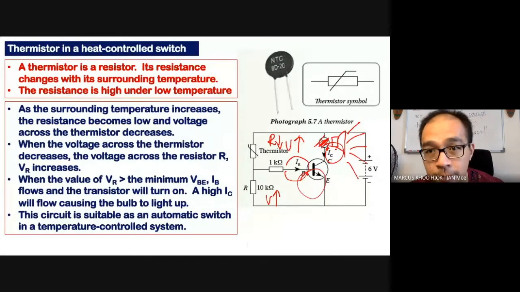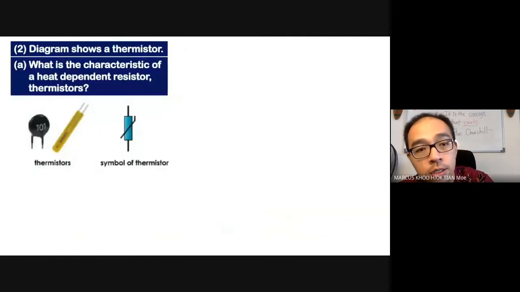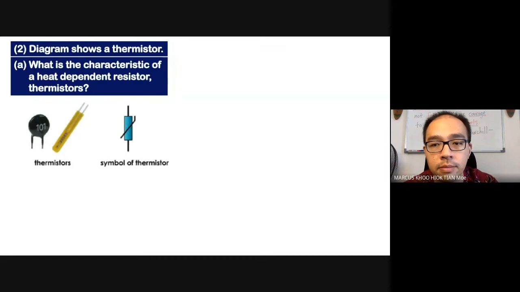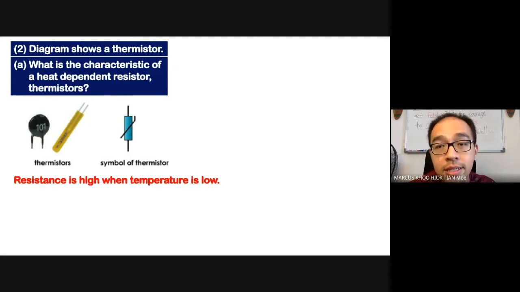Thermistor. So what is the characteristic of a heat-dependent resistor, or thermistor? Sorry, somebody wants to come in. So the characteristic is the resistance is high when the temperature is low.